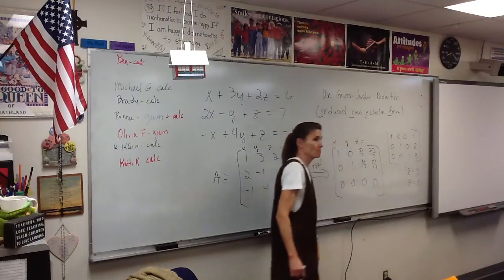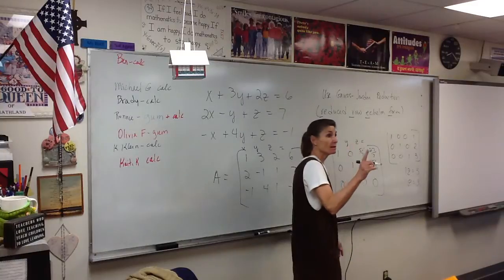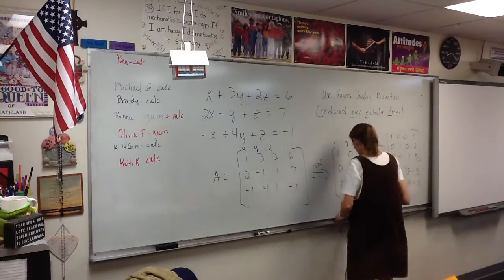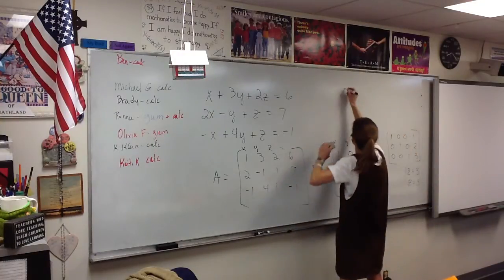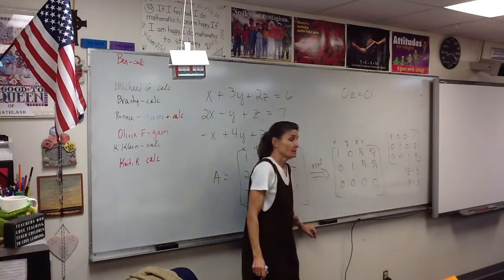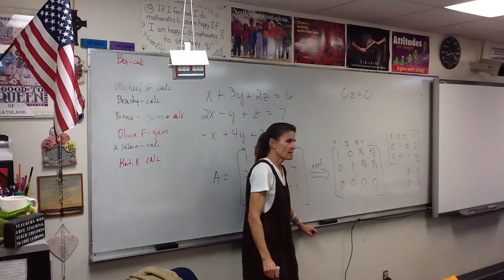What does that bottom row say now? It literally says 0z equals 0. That's what this bottom row says. Now tell me about that. What is z?